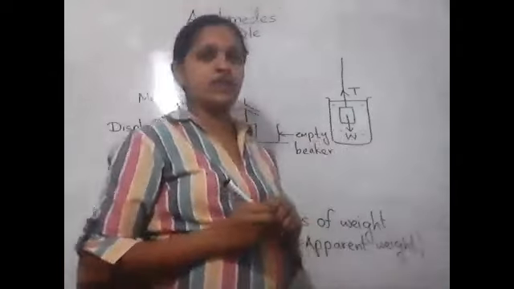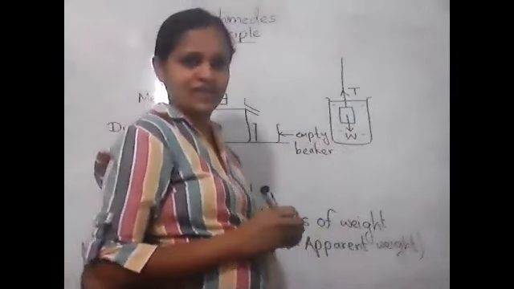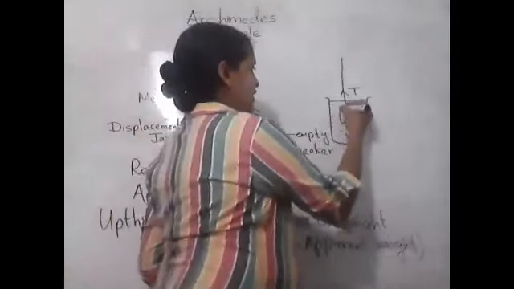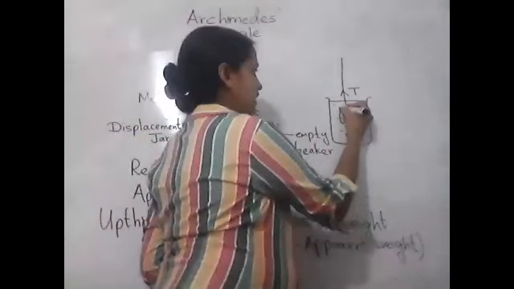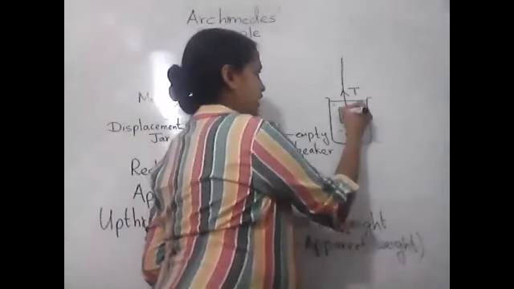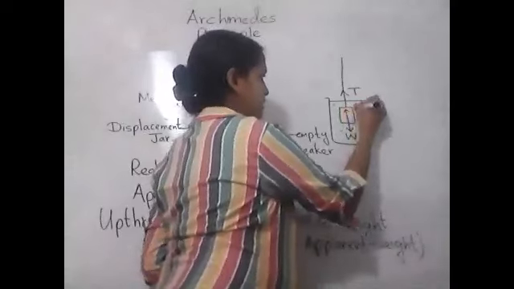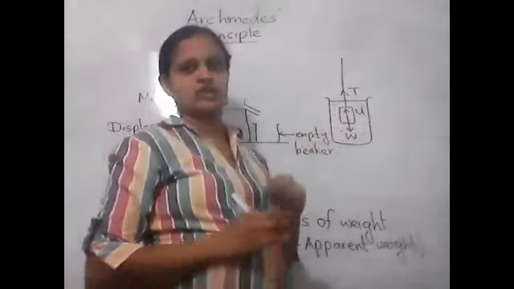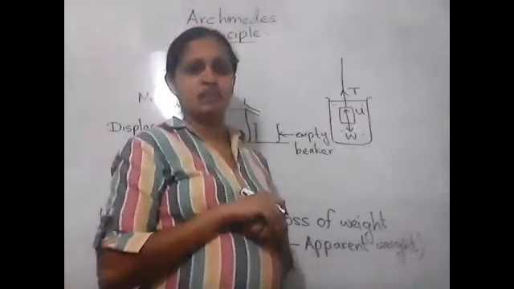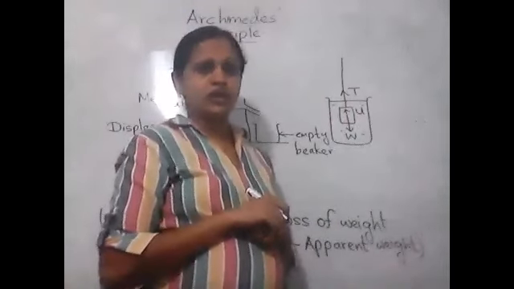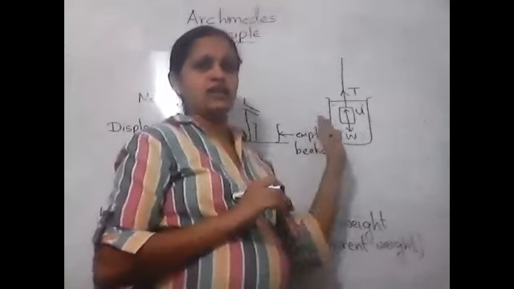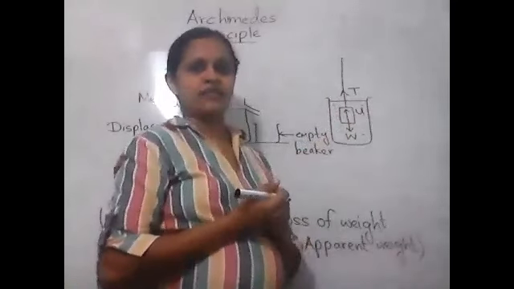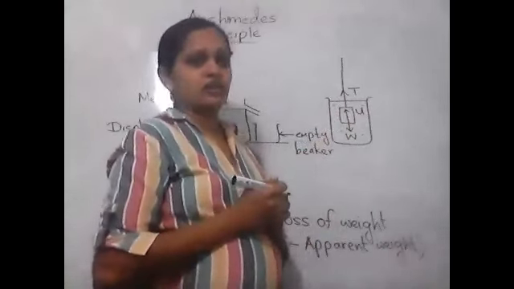That is because of the upward force, which we call the upthrust. So the upthrust is also acting on the object, and you have to mark the upthrust along the same line. You can see all the three forces are acting along the same line, collinear. If you mark it in different places, your answer will be wrong.